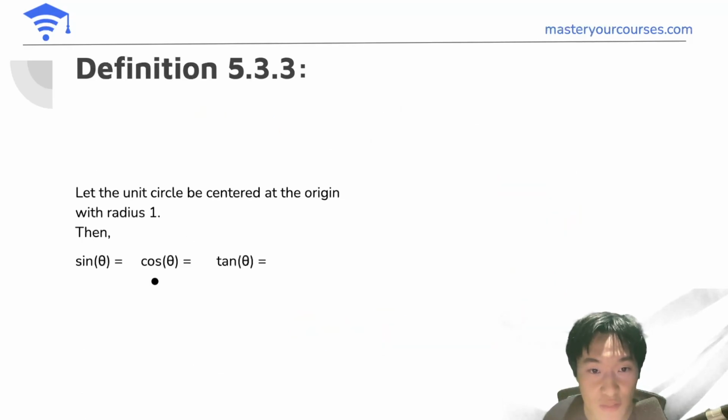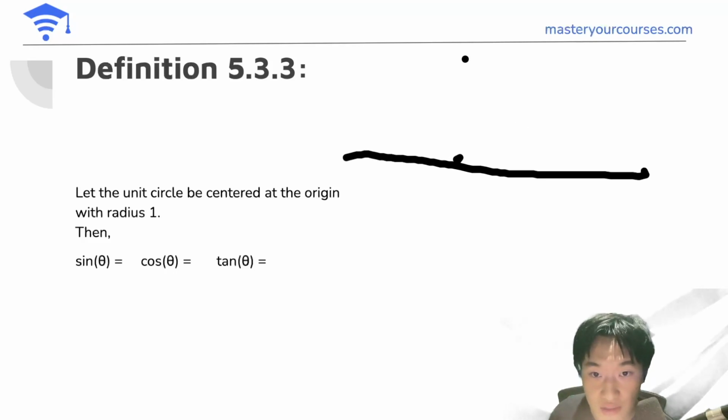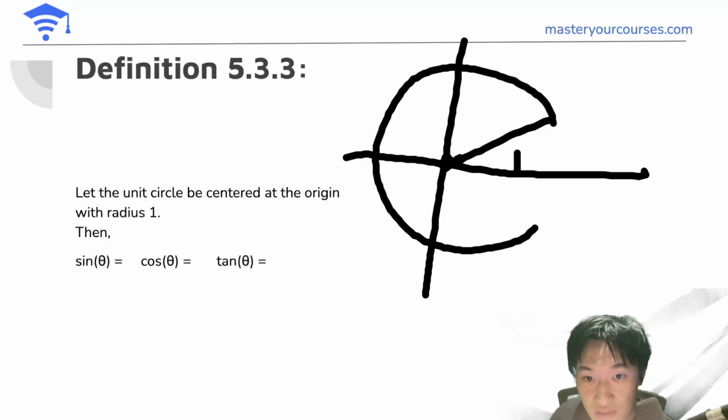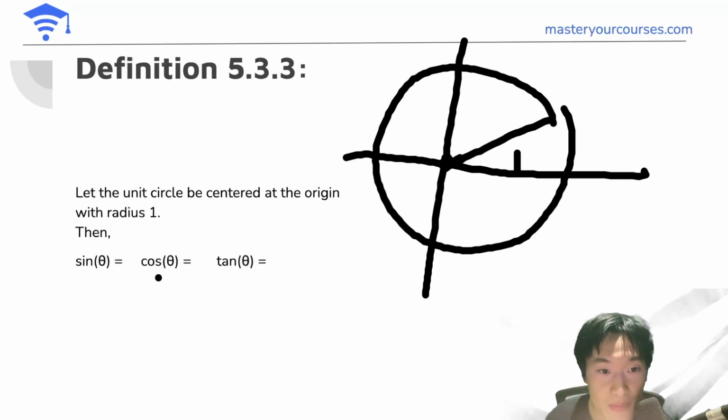Now, let the unit circle be centered at the origin with radius 1. So, say we have a circle with radius 1. Then we have that theta is going to be some angle here. So this is theta, okay? Then sine theta is, if you recall, opposite over hypotenuse.